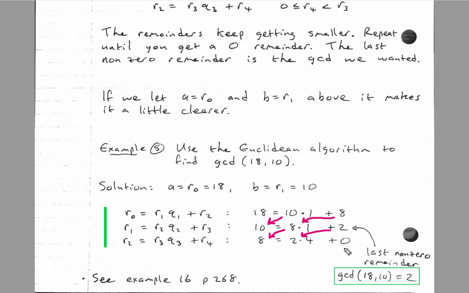They have to eventually hit 0, and the last non-zero remainder is the GCD. So like we found earlier, the GCD is 2. We're not explaining why it works, but it does work.